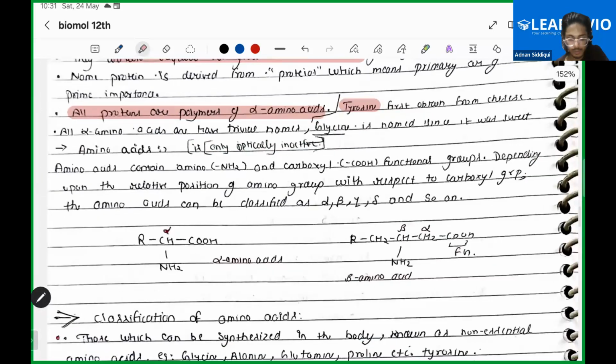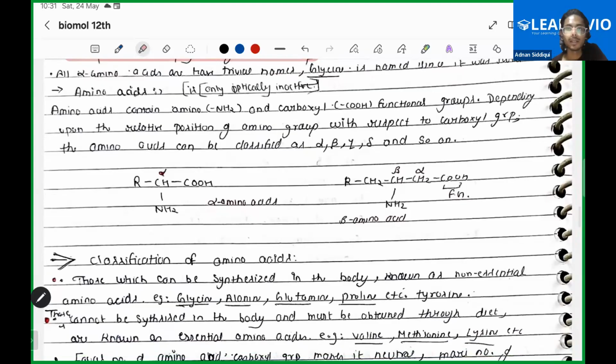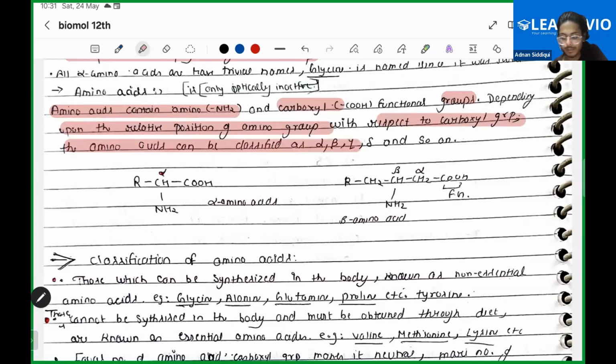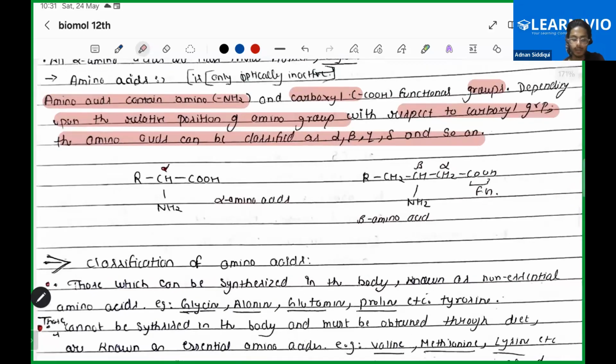Yes, sir. So let us talk about what are amino acids, right? Amino acids contain NH2 group and carboxylic group. Depending upon the relative position of the amino group with respect to the carboxylic group, the amino acids can be classified as alpha, beta, gamma. Let us understand what is happening.